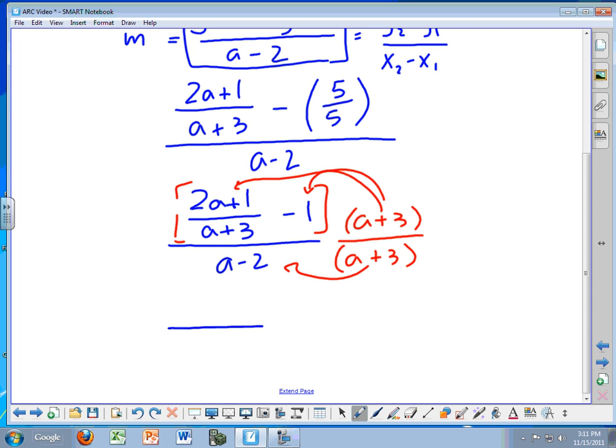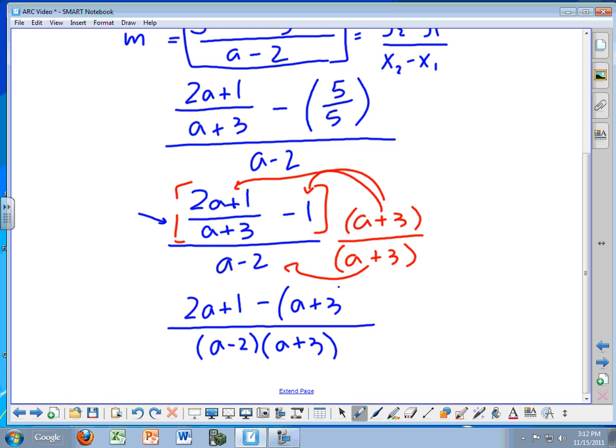So for the a minus 2, I'm not really going to multiply that. I'm just going to leave it alone, a plus 3 here. And then in the top, as I distribute, in the first case, over here, it's going to cancel out that a plus 3. So we just leave a 2a plus 1 minus 1 of the a plus 3's.